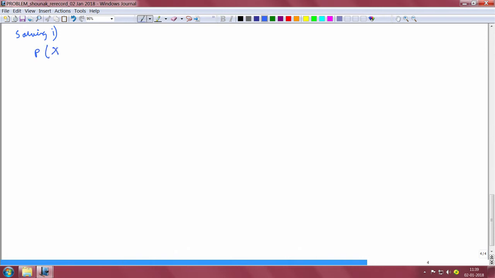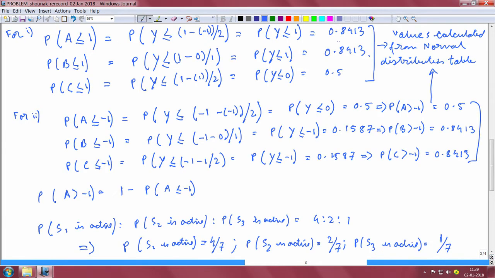Probability that x less than or equal to 1 is, so we have this, a less than or equal to 1 into 4/7 plus again 0.8413 into 2/7 plus 0.5 into 1 by 7.